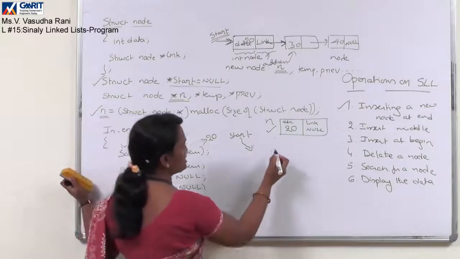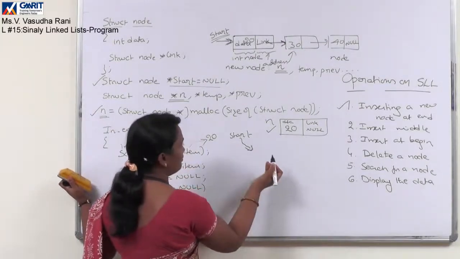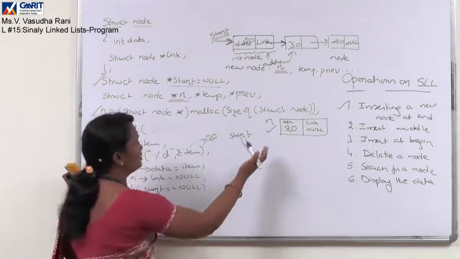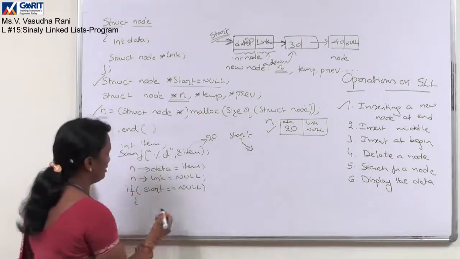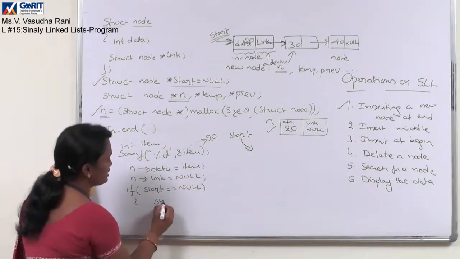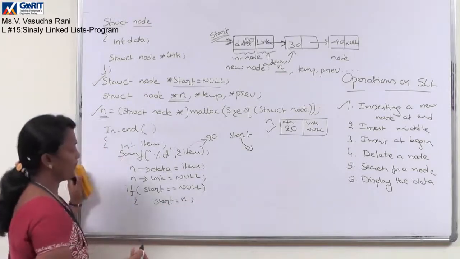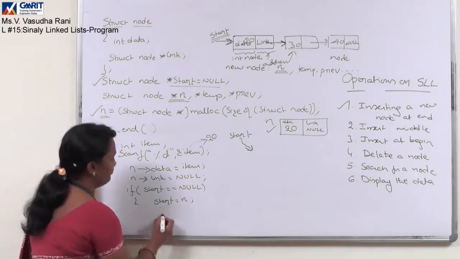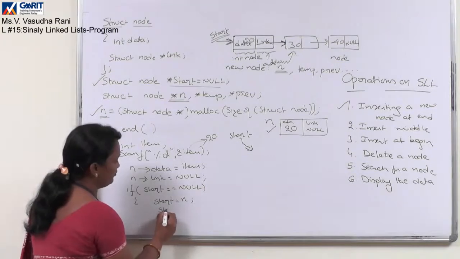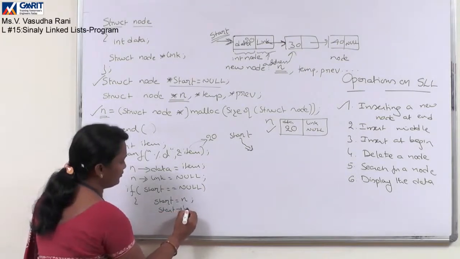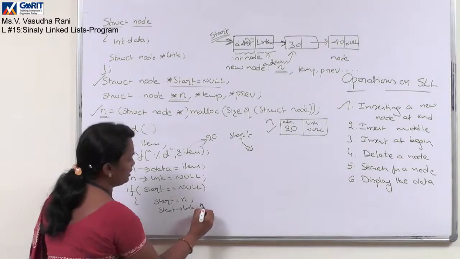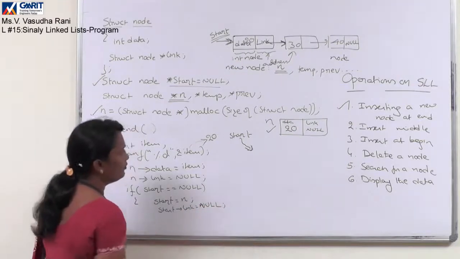Then what we have to do is that we have to make this n node as the start node. So our start node will get the data of n, and start link equal to null.